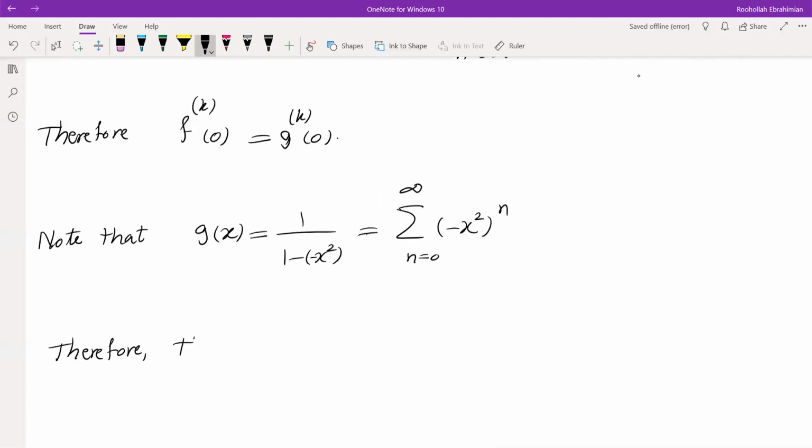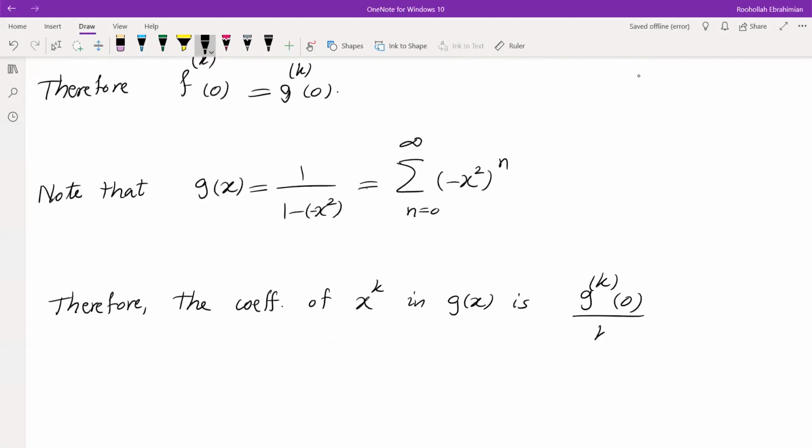Therefore, the coefficient of x to the power of k in g of x is g^(k) of 0 over k factorial, which is equal to either 0 if 2 doesn't divide k, or negative 1 to the power of k over 2 if 2 divides k.